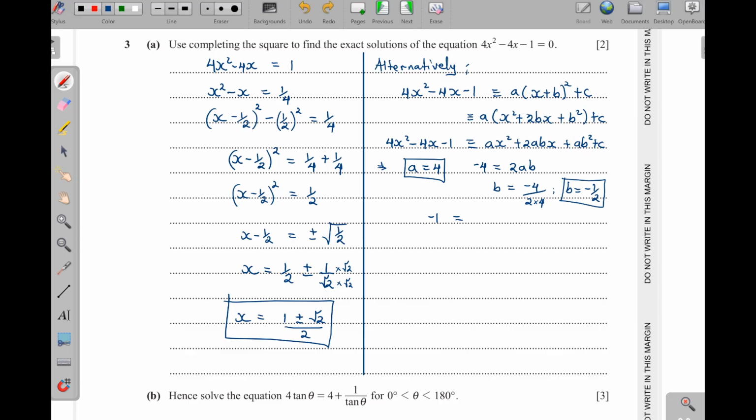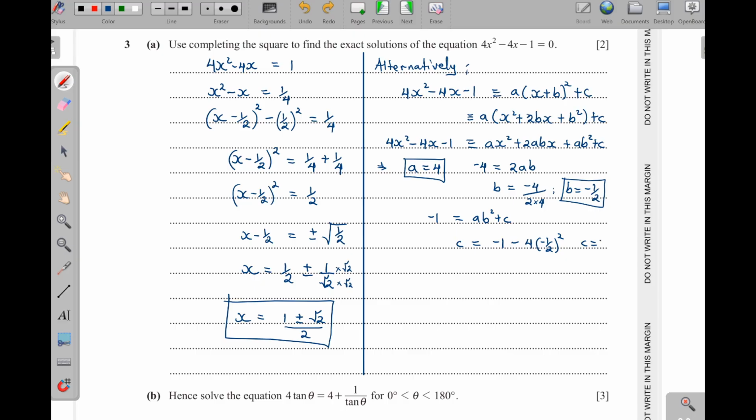And then the constant part here, negative 1, shall be equal to the whole of this with no x. Okay, so we have ab squared plus c. So that means c is going to be the negative 1 here, then subtract the ab squared. What is our a? Our a is a 4. Our b is a negative a half. Not so? This negative a half squared will give us a quarter. So 4 times a quarter, you will get 1. So we have negative 1 minus 1.